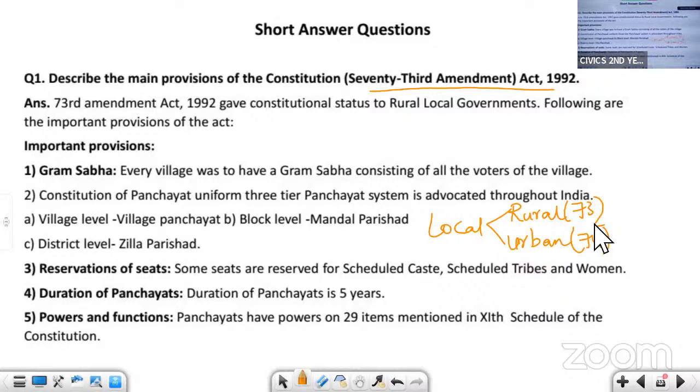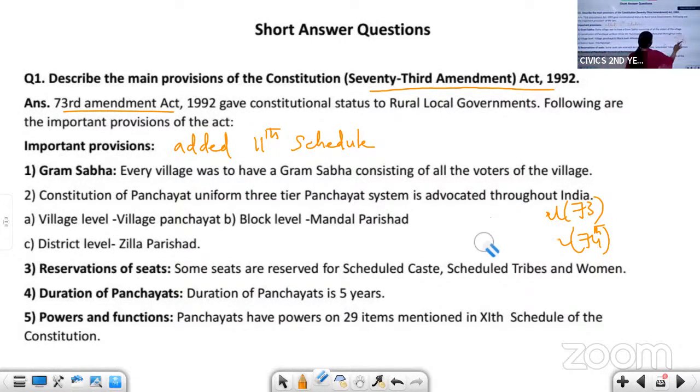So what is the 73rd Amendment Act? This 73rd Amendment Act, it added 11th schedule to the Constitution. If you remember in first chapter, when we discussed about the features of Indian Constitution, we have studied that Indian Constitution, it consists of 448 articles, 25 parts and 12 schedules.